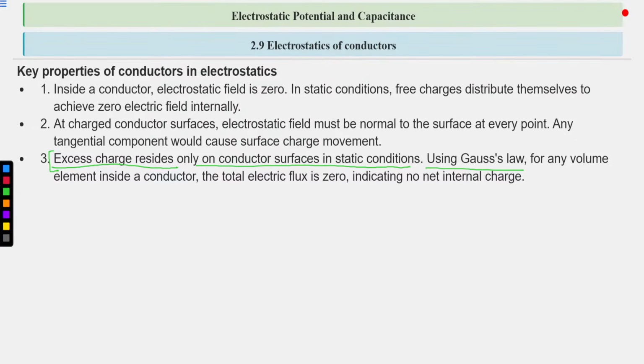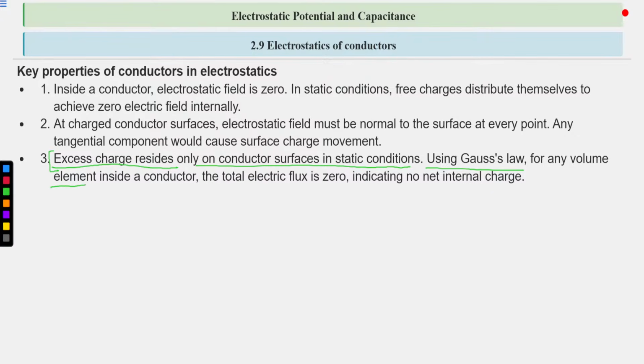Now we know that inside the conductor there is no electrostatic field present. So if we take any small volume inside the conductor, you can assume a very big sphere, and a very small sphere inside that bigger sphere, which has an enclosed surface. Since there is no electrostatic field inside the conductor, there will not be any electric flux through that small volume element.